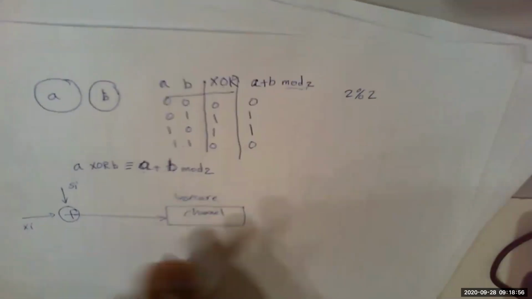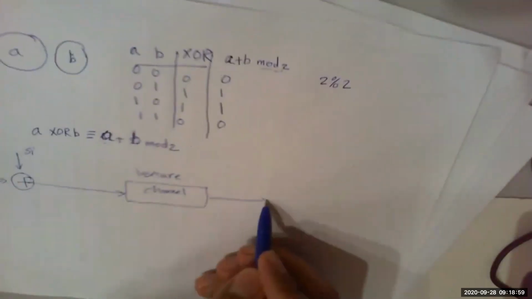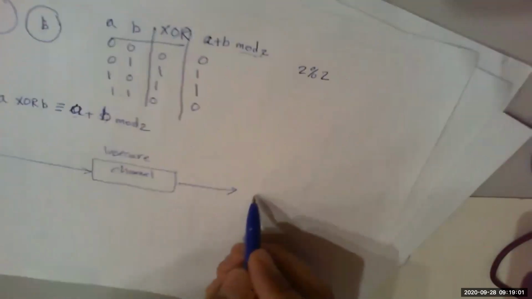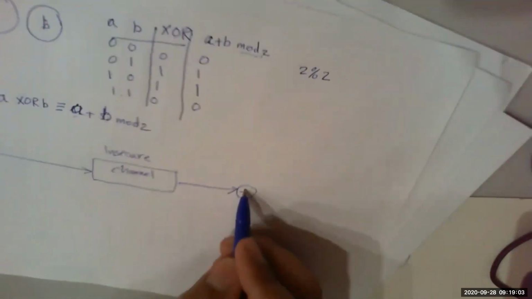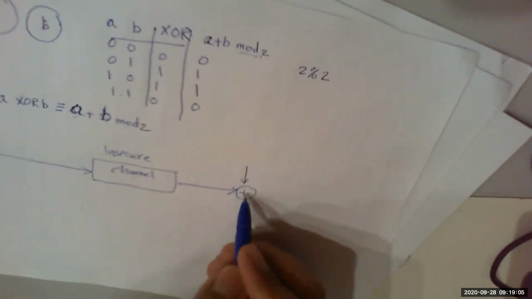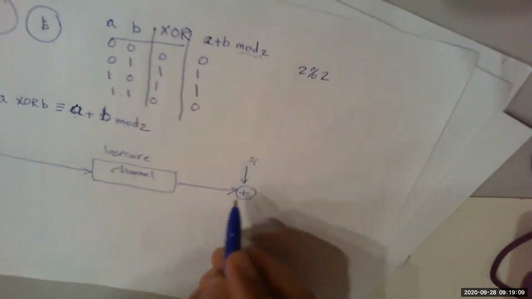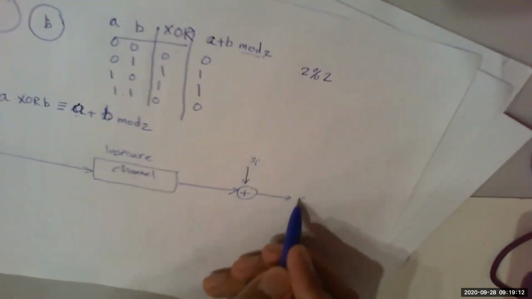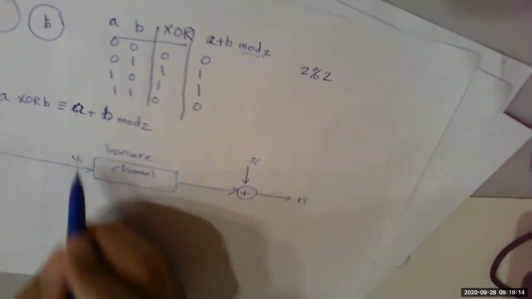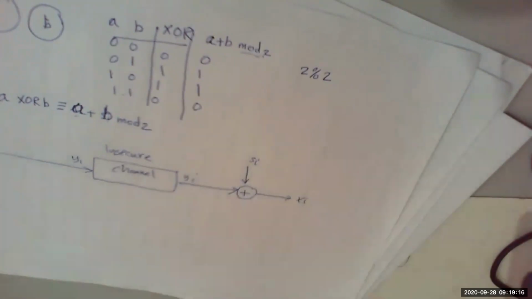At the recipient side, XOR is applied again. We apply SI to get XI again. We have YI here and YI here.